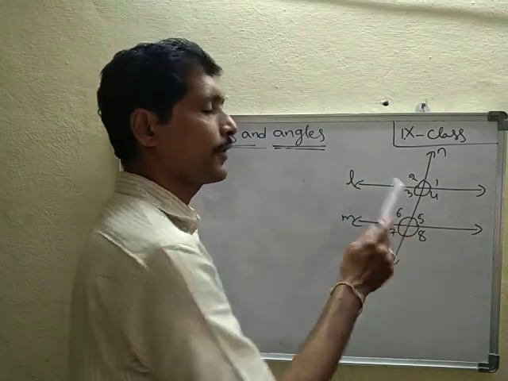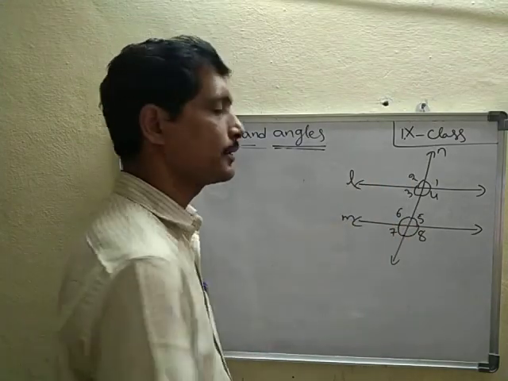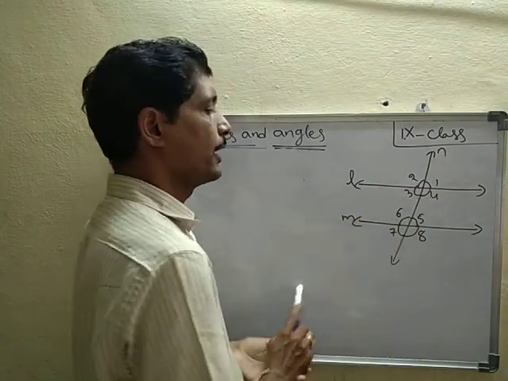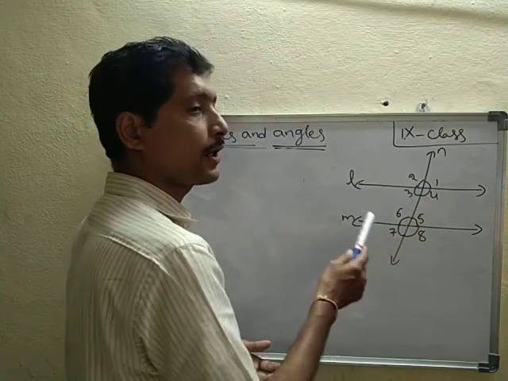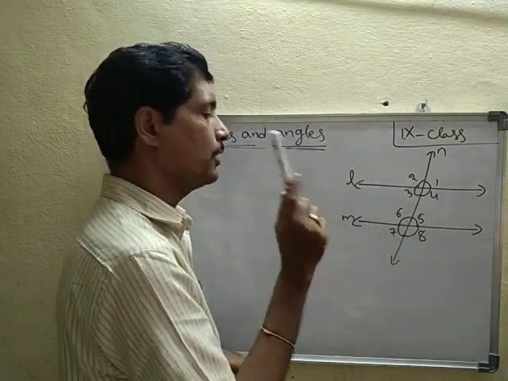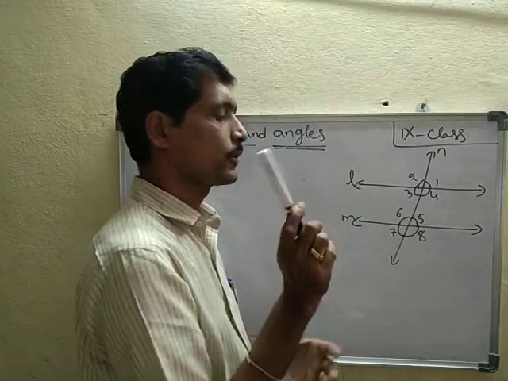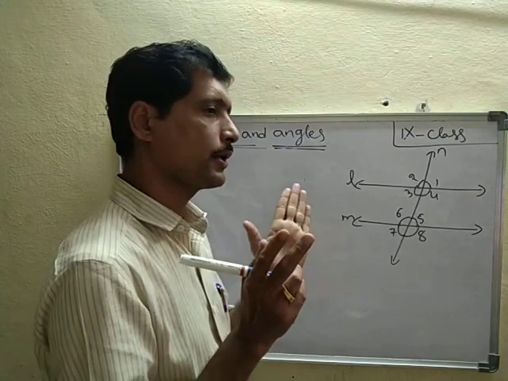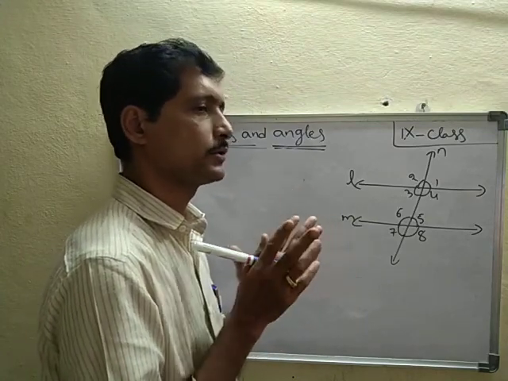Angle 3 and angle 5 are alternate interior angles. Angle 4 and angle 6 are alternate interior angles. Next, angle 1 and angle 7 are alternate exterior angles. Angle 2 and angle 8 are alternate exterior angles. Total how many? That is 2 pairs each: alternate interior angles are 2 pairs and alternate exterior angles are 2 pairs.